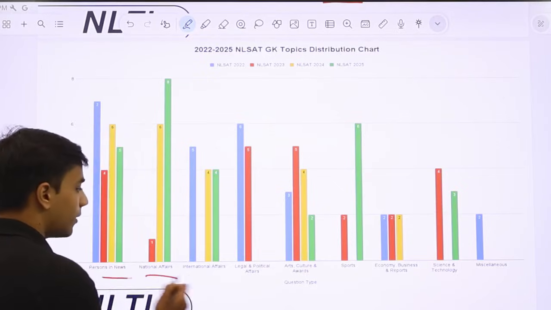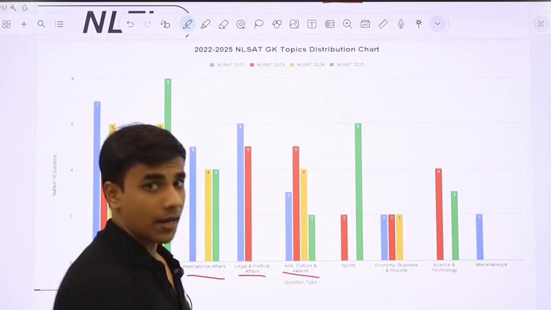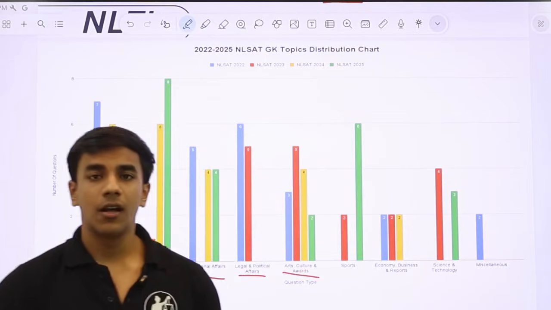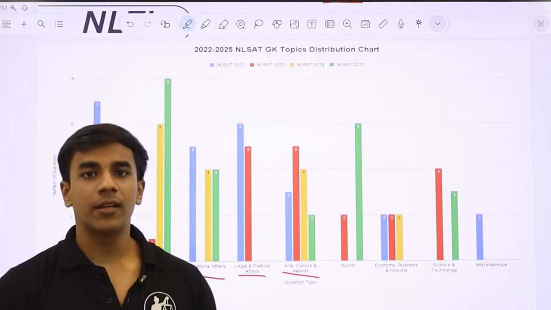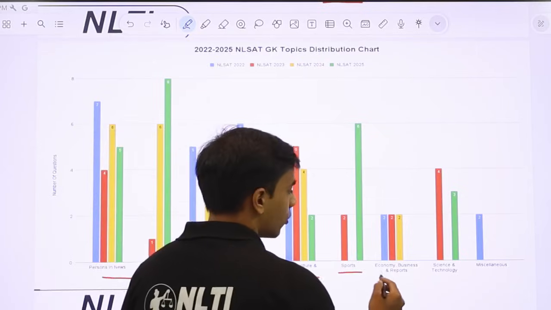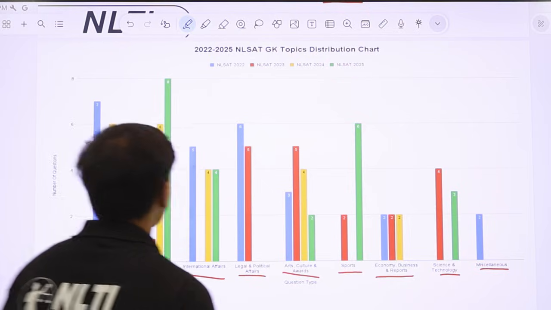National affairs, international affairs, legal political affairs, art, culture and awards, that I talked about in my opening remarks, that there is a reliance or trend of asking pop culture, recent books, recent movies. So art, culture, awards, sports, economy, business reports, science and technology, and miscellaneous.